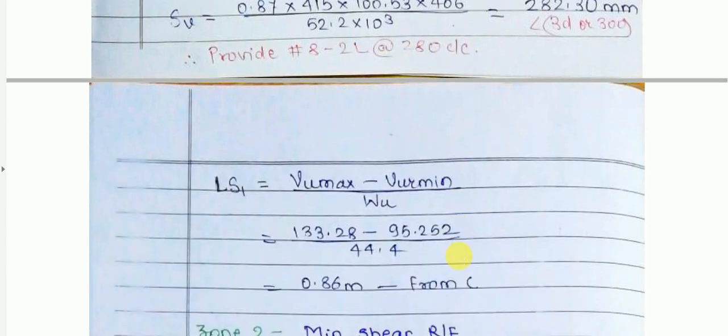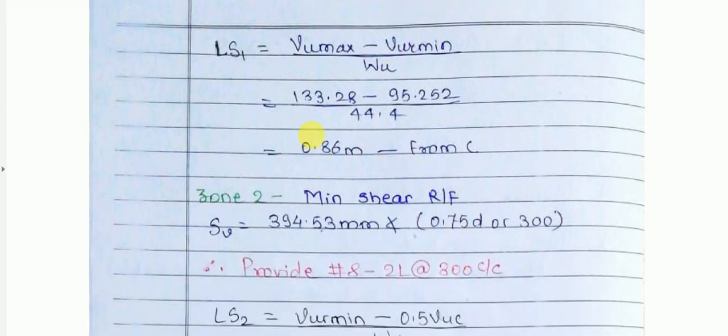Then zone 2, that is the minimum shear reinforcement. First, before that, for this zone 1 we need to calculate its length, so that Vu max minus Vur minimum upon Wu. So here we are getting that value from support C now, because we are considering the right portion. Then go for this zone 2, that is the minimum shear reinforcement zone. In this zone 2, the spacing we already have calculated in the first part, that is for the left part.